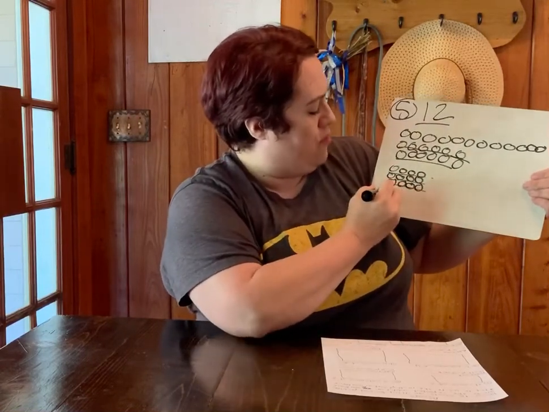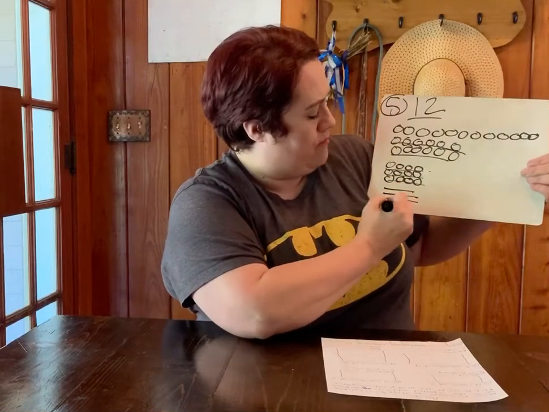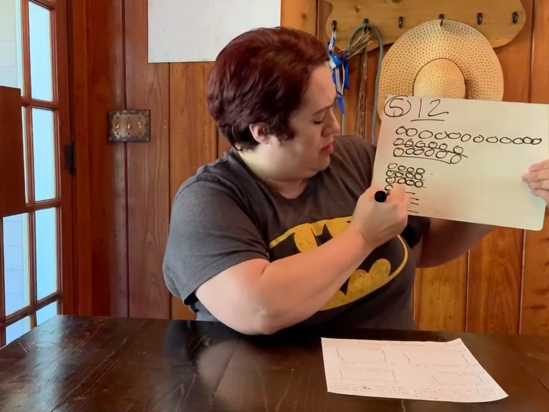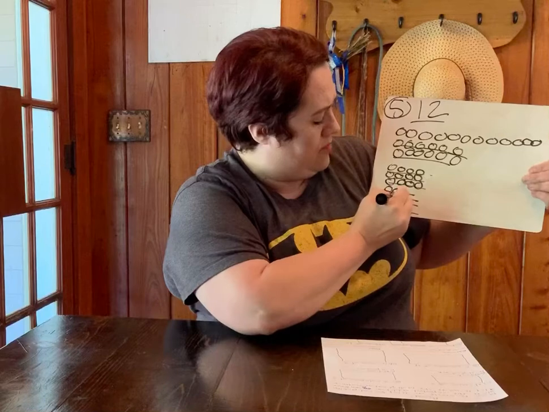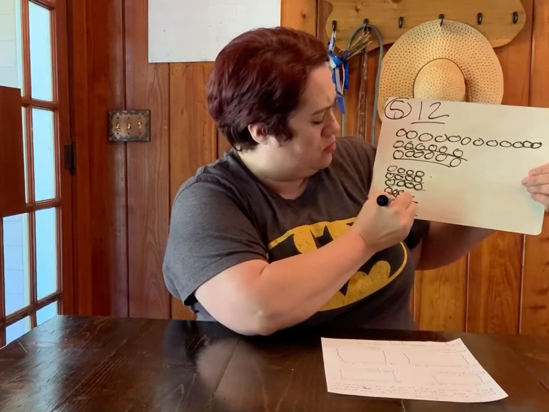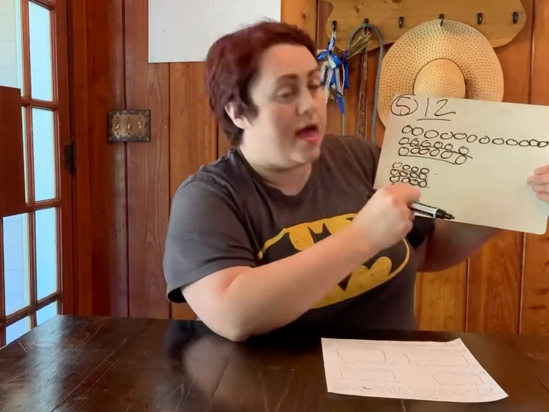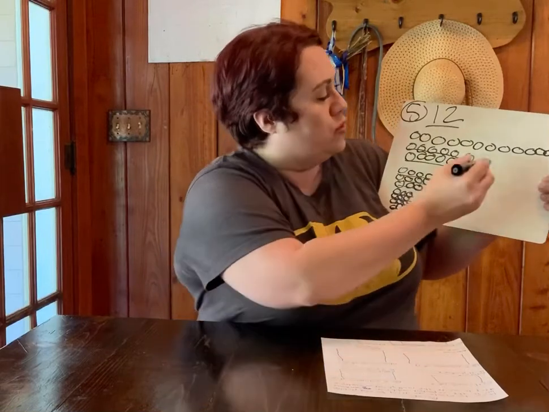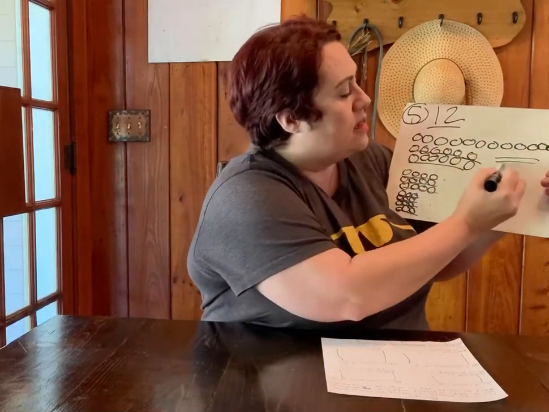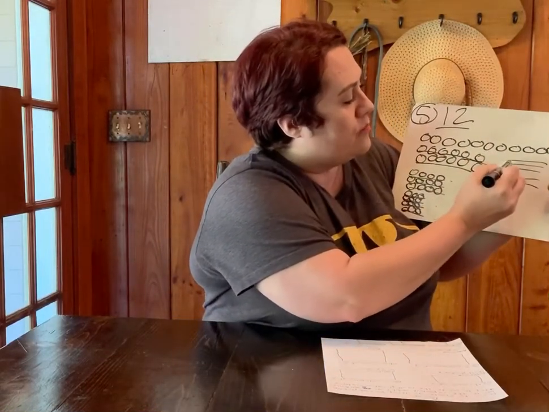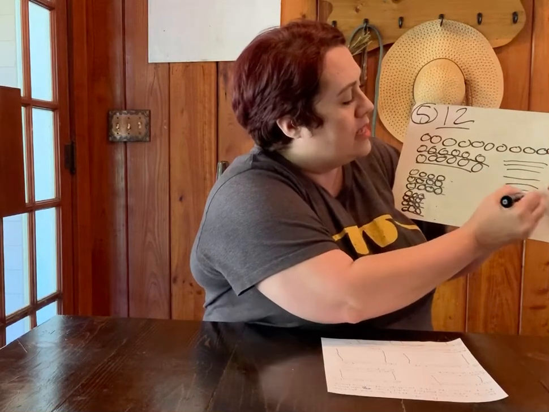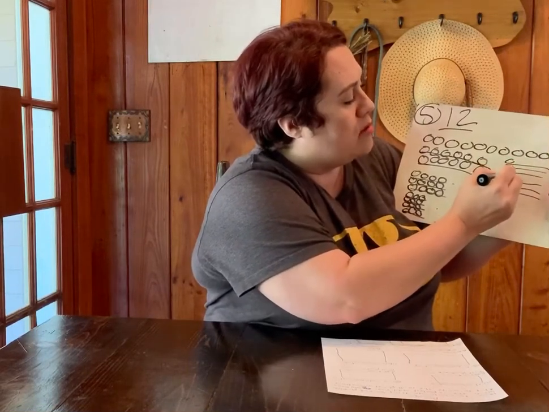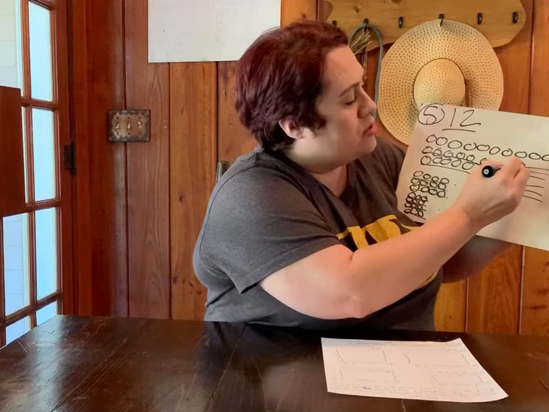Right? What if we did 4? 1, 2, 3, 4. 1, 2, 3, 4, 5, 6, 7, 8, 9, 10, 11, 12. And we can go on, right? We can do 6, 2, 4, 6 rows of 2.